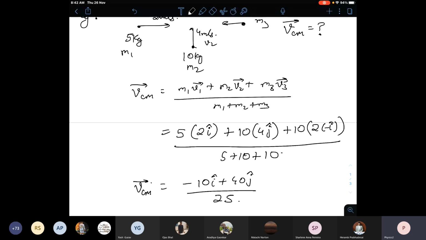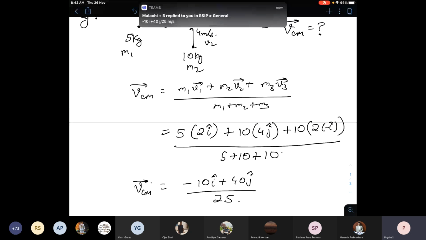So if this is the velocity of center of mass, now you can see basically what we are calculating.